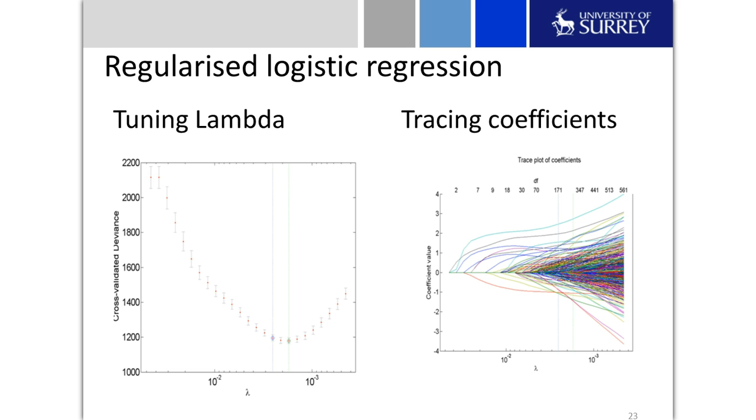On the left-hand side, you see the cross-validated classification error. Here in this case, it's called deviance. This is a term used by generalized linear models to tell us how well the model fits the data. The lower it is, in general, the better the result. It's a bit like classification error. So it is in fact proportional to the classification error.